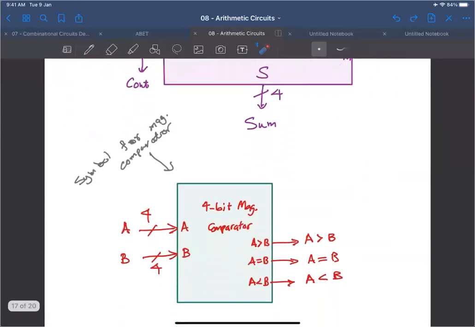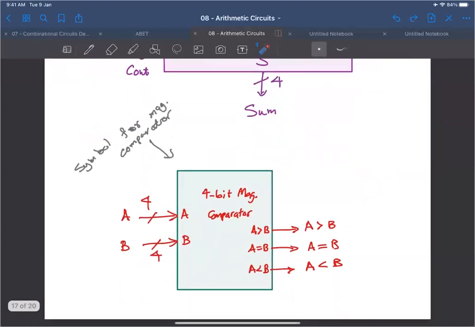Similarly, for the 4-bit magnitude comparator, we have A and B, and then we have the 3 signals: A greater than B, A equal B, and A less than B. Notice that A and B are 4 bits, for example, and that's why the comparator is called a 4-bit magnitude comparator.